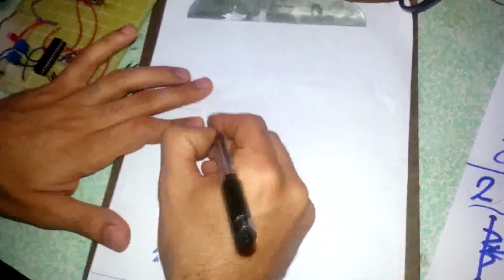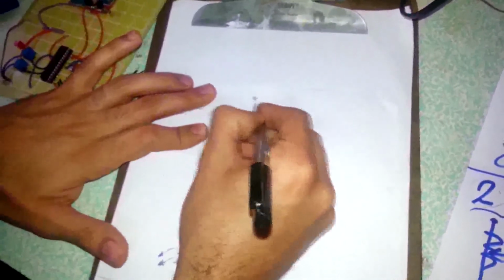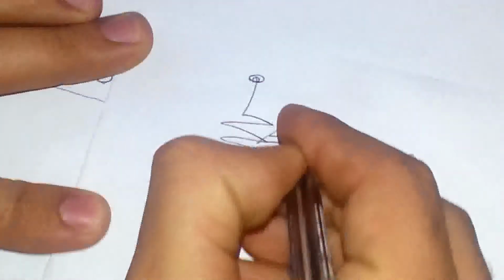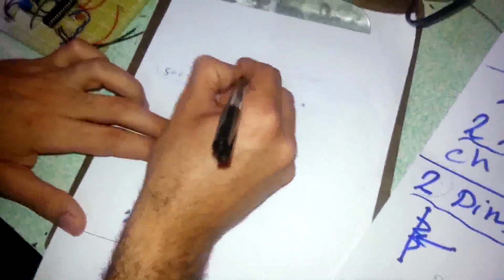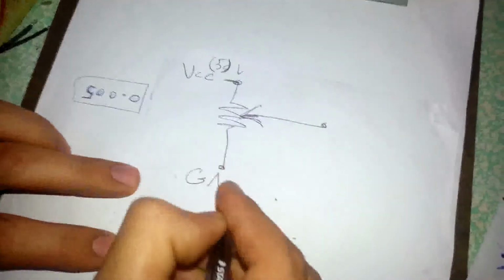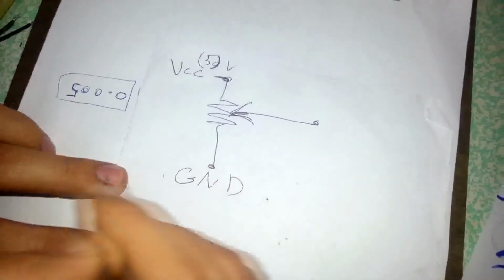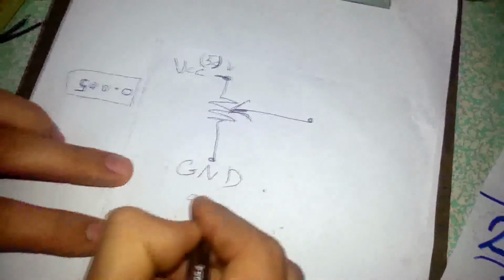Well, here is the potentiometer. It's a variable resistor. Okay, one of the terminals is connected to VCC, which is 5 volts, and the other is connected to the ground, which is 0 volts.